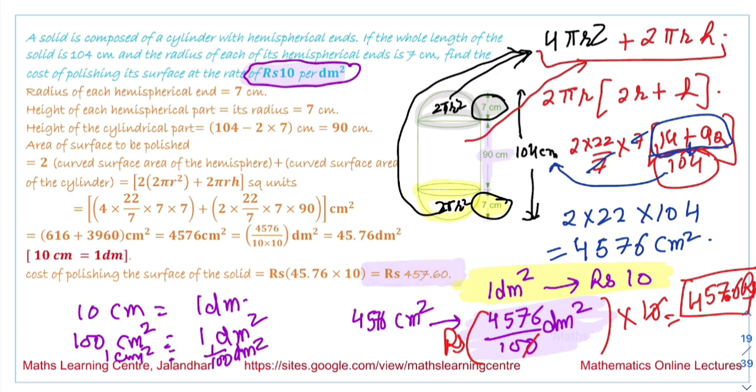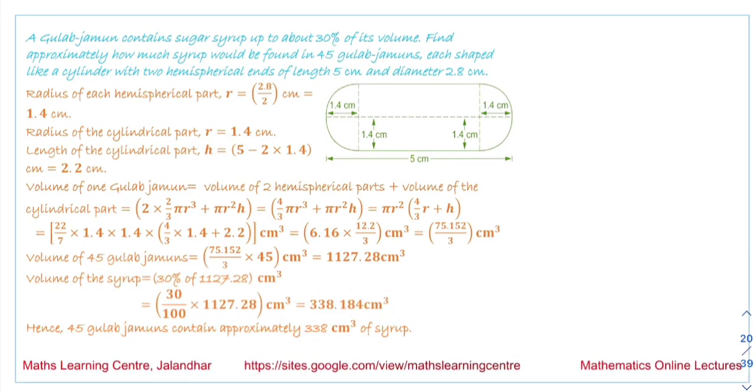Next we have: a gulab jamun contains sugar syrup up to about 30% of its volume. Whatever the total volume of the gulab jamun is, 30% is the sugar syrup. Find approximately how much syrup would be found in 45 gulab jamuns, each shaped like a cylinder with two hemispherical ends, of length 5 cm and diameter 2.8 centimeters.